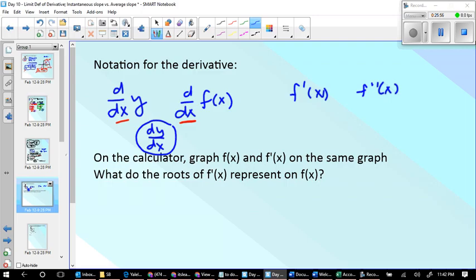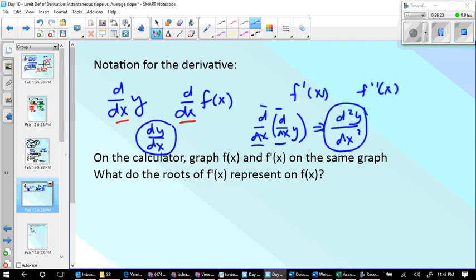For the other version, which is a little weird to look at, so you want to get used to seeing it, if I have d/dx of my derivative, then once I stuff it together, notice that I have two d parts and two dx parts, but only one y. So this would be written as d squared y over dx squared. This is how you'll mostly see it.